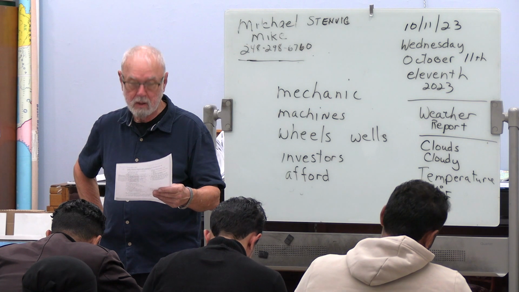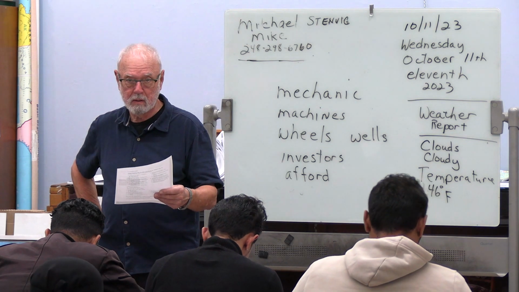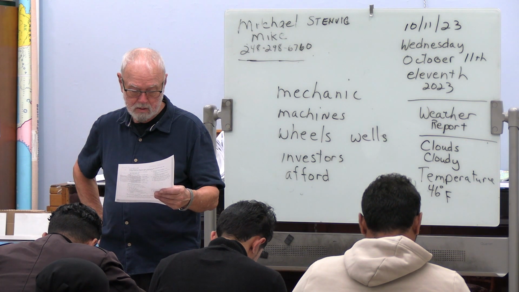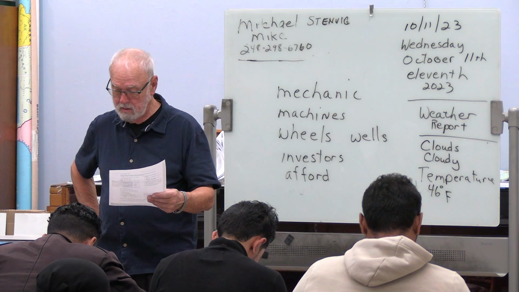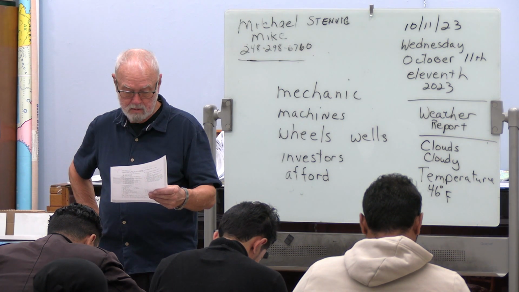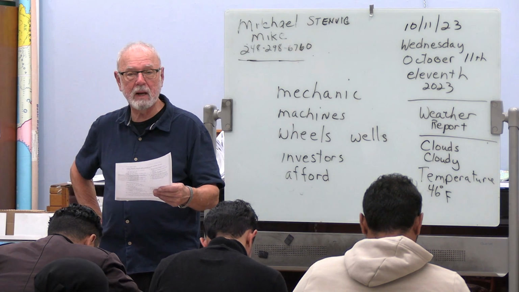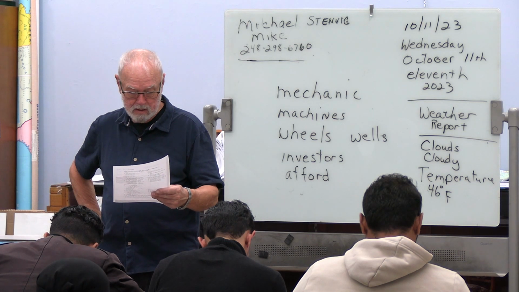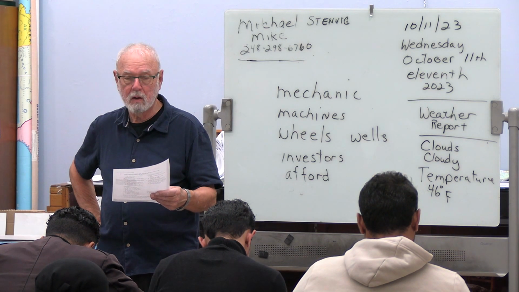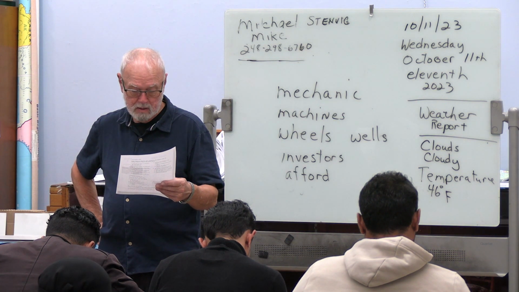Good. Next one. It took less than 2 hours to build a car on the assembly line. Before it took 14 hours.